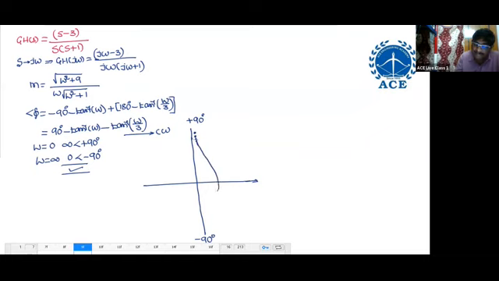Clockwise. Omega 0. Omega infinity. So clockwise direction.